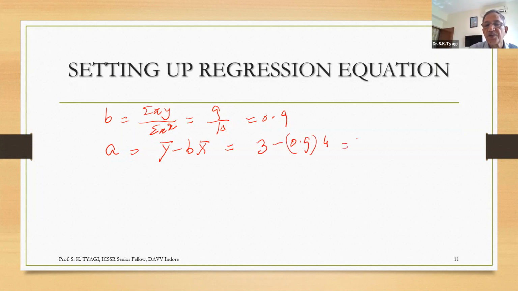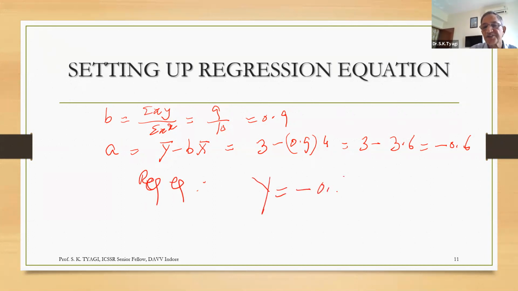So this is 3 minus 3.6, that is minus 0.6. So we know a, we know b. Therefore, the regression equation is y is equal to minus 0.6 plus 0.9 into x.